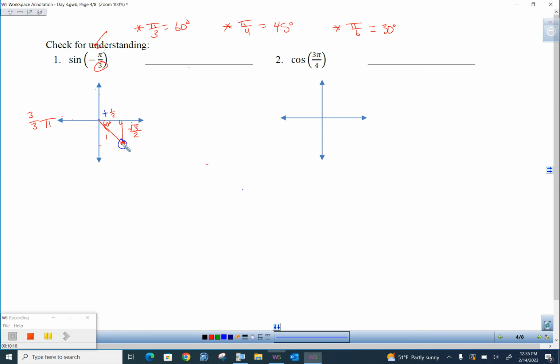And then I need to go down, so that's a negative square root of 3 over 2. So my ordered pair would be a positive 1/2 and a negative square root of 3 over 2. And from there, the sine value goes with y, and it's negative square root of 3 over 2. And the more we practice with this, the faster you'll get at it.